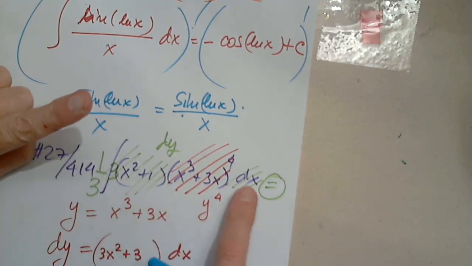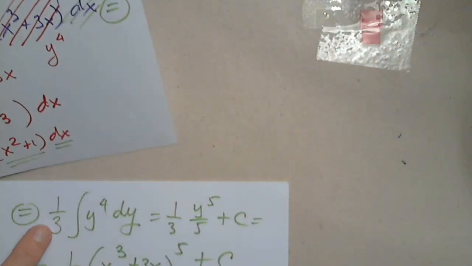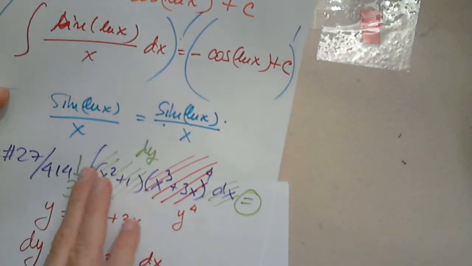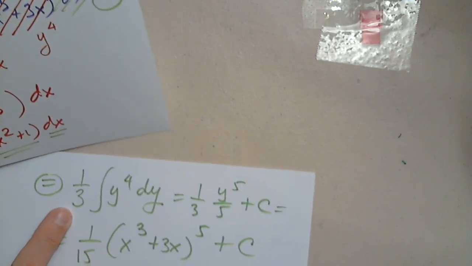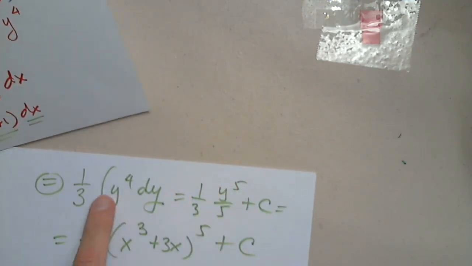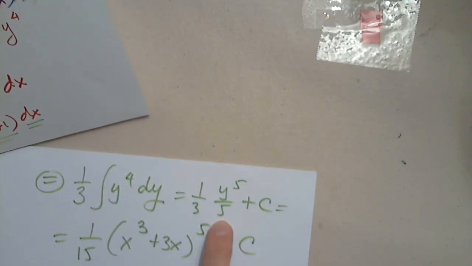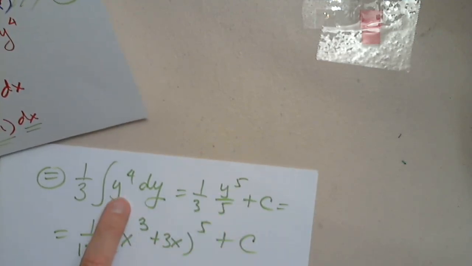But this and this and this now are dy. The 1/3 has to stay outside. 3 was incorporated, but 1/3 stays outside. And now, which function has a prime of y to the fourth? It is y to the fifth over 5, because when you differentiate this, you get y to the fourth.